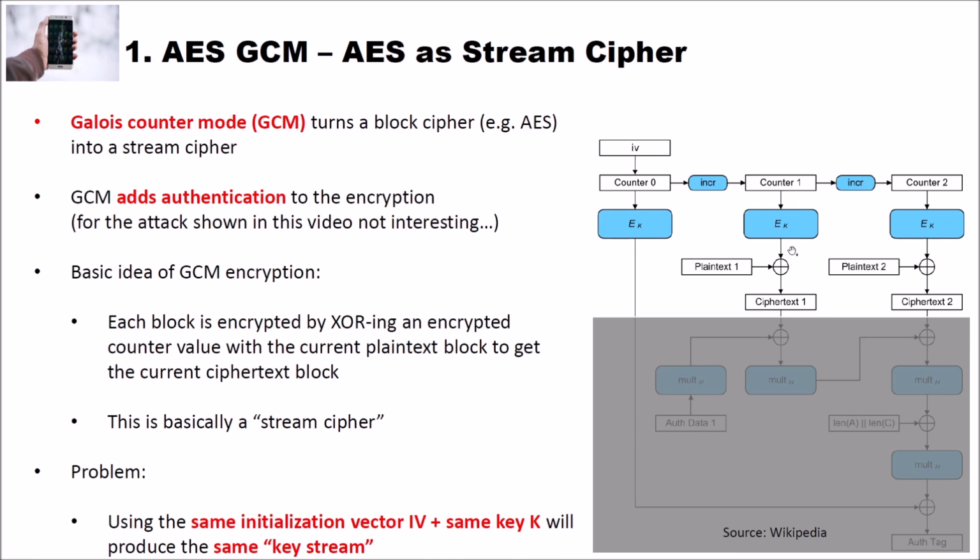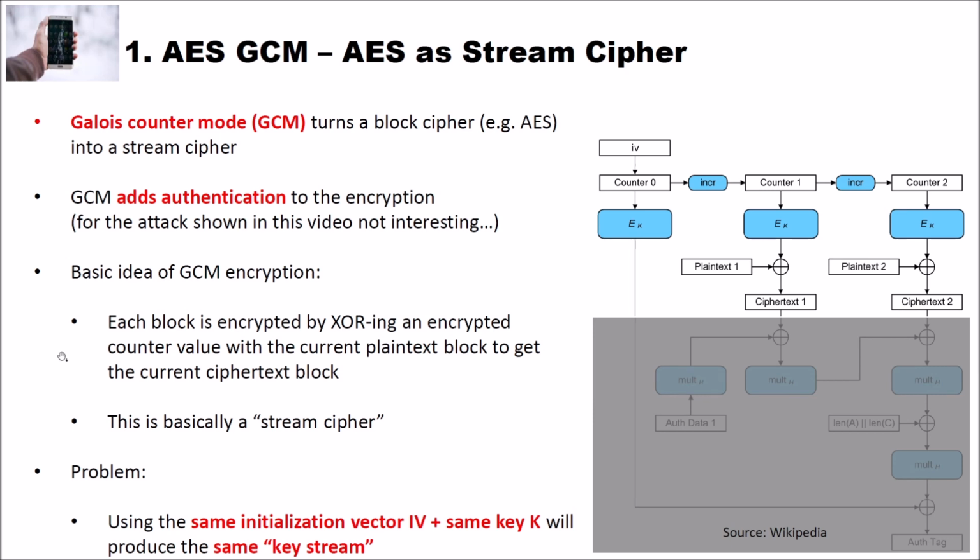You get a ciphertext for each of these counter values, and you XOR it with the plaintext to obtain the final ciphertext. And you do this for the second block, for the third block, and so on. So this basically turns a block cipher into a stream cipher.